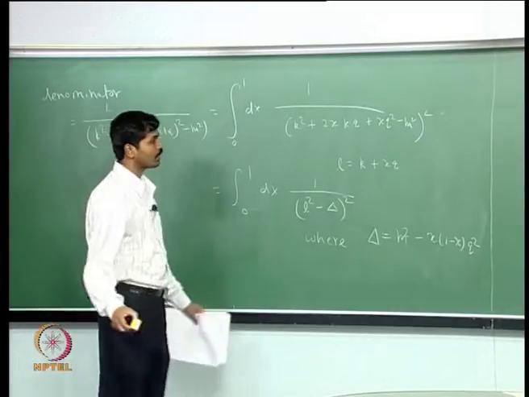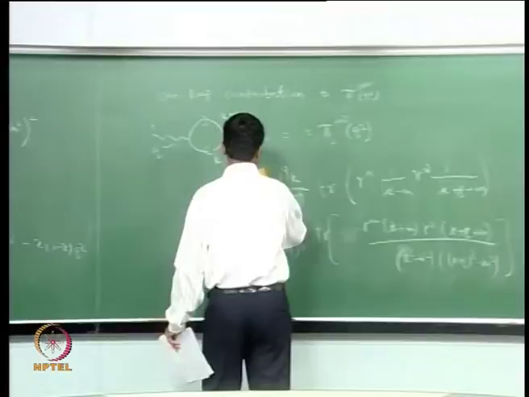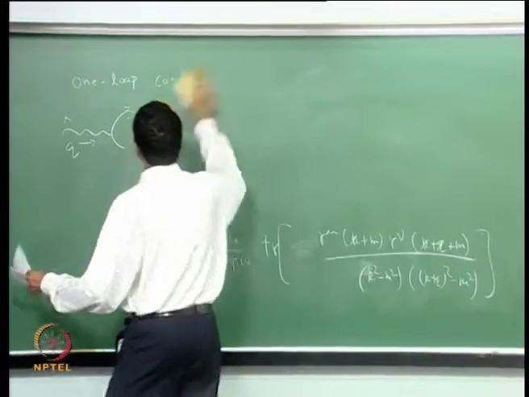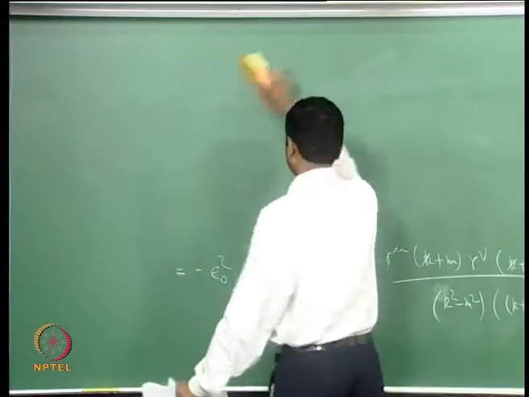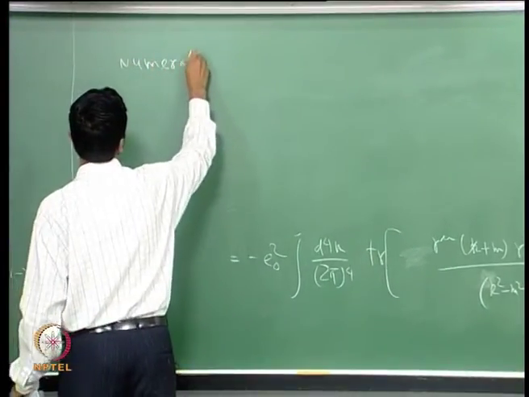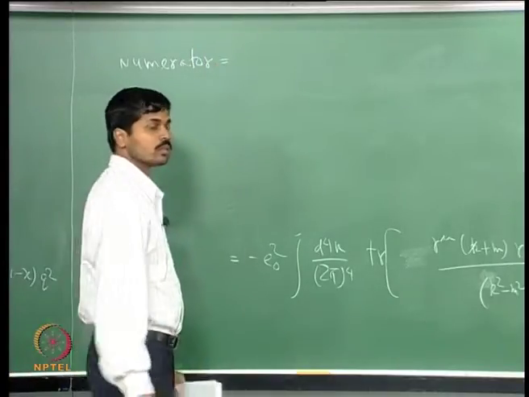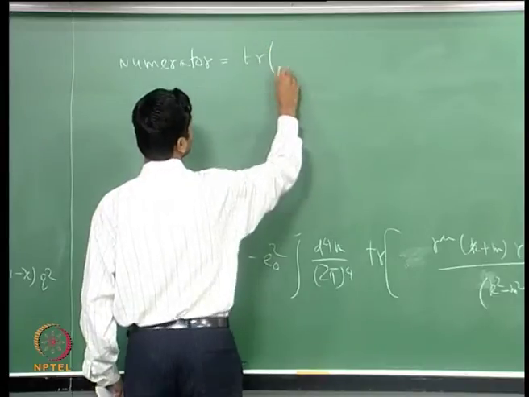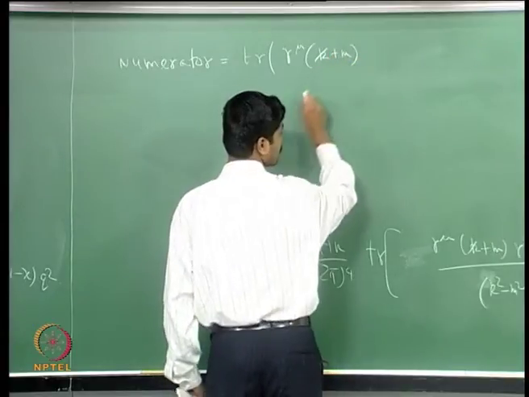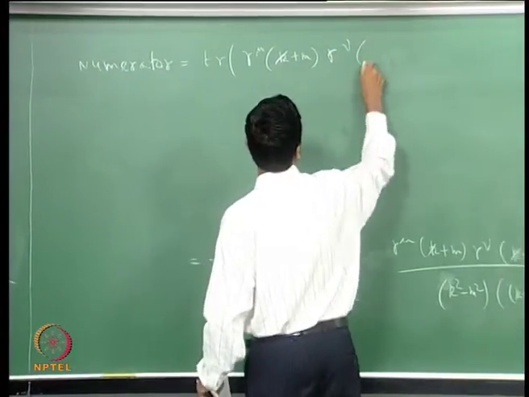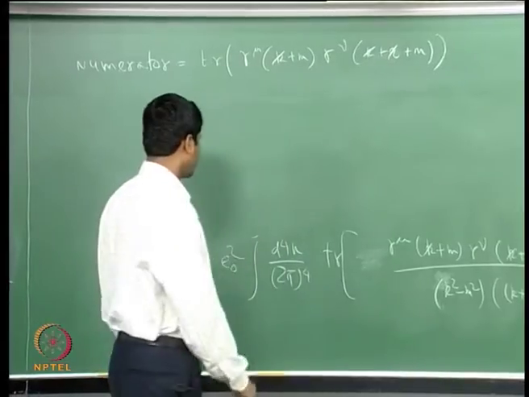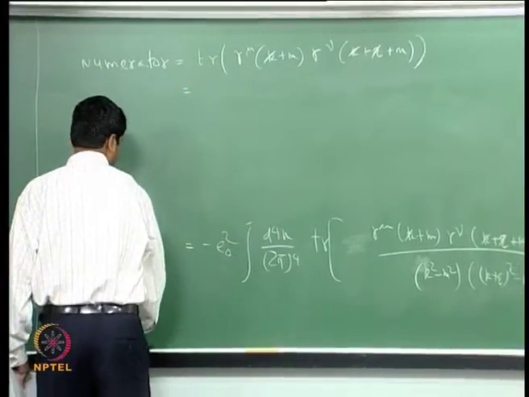Numerator again I can simplify. The numerator is given by trace of gamma mu, k slash plus m, gamma nu, k slash plus q slash plus m.